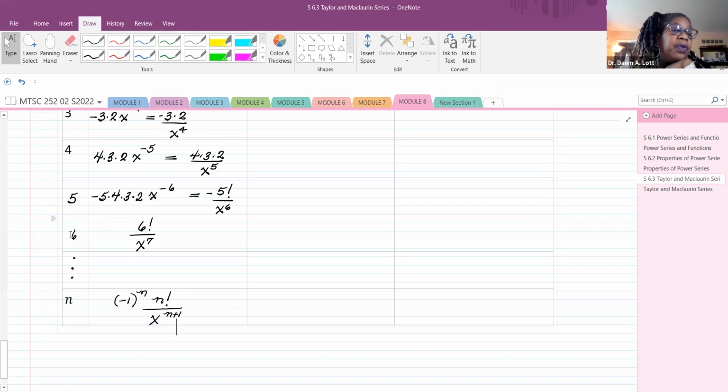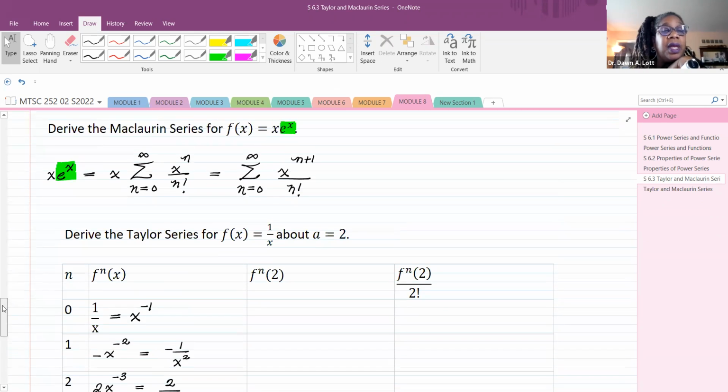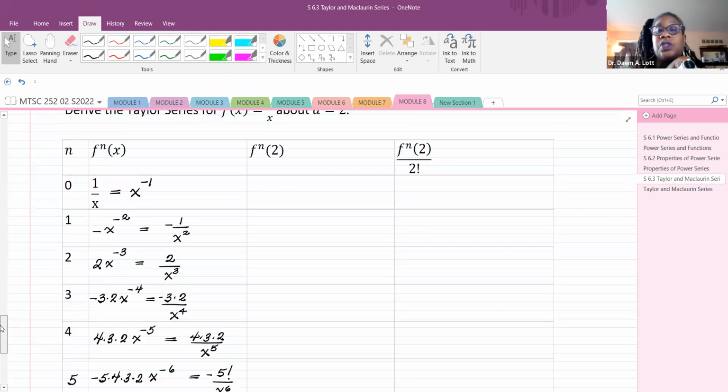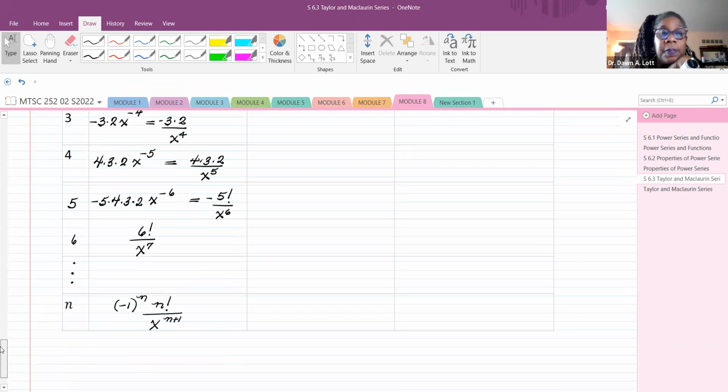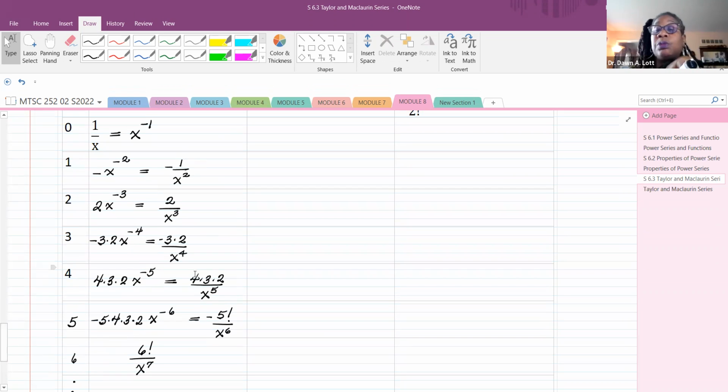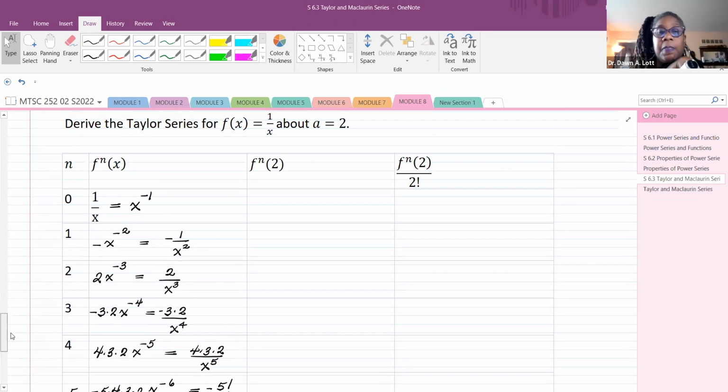And for the nth derivative, I get x to the n plus 1 in the denominator. So I now have a general formula for the nth derivative of the function. Does everybody see that? It might have been hard to see if I was multiplying it out, but when I don't multiply it out, it makes it very easy to see.